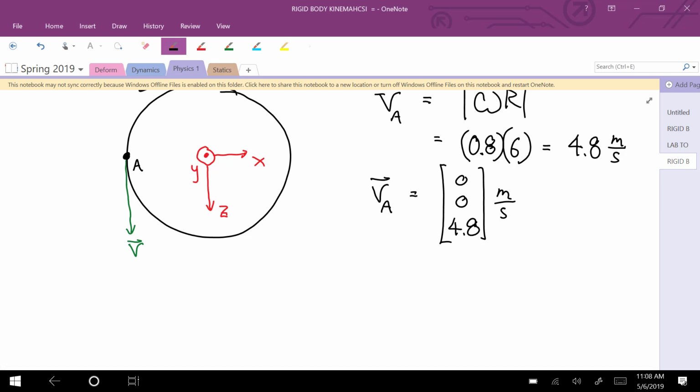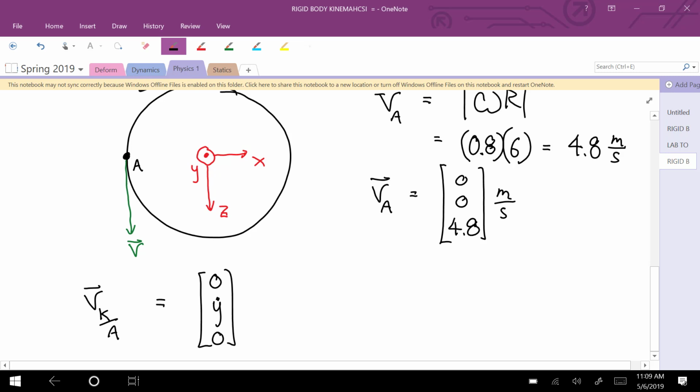Now we have to calculate the velocity of the kid relative to A. That's just going to be moving up and down. So you can think of that as 0, the time derivative of the y position, 0. This is just the time derivative of the position.